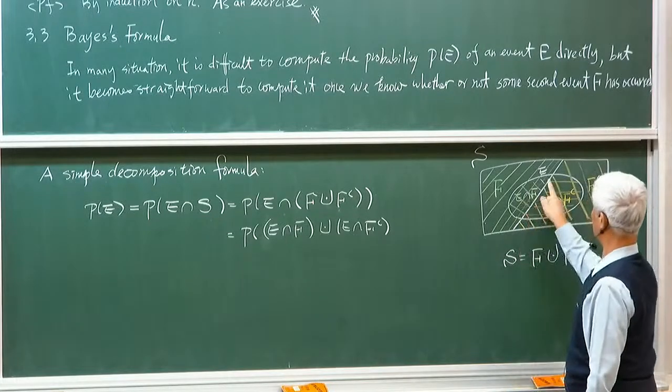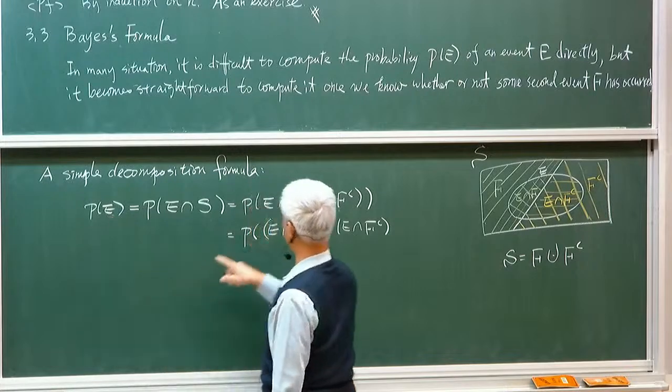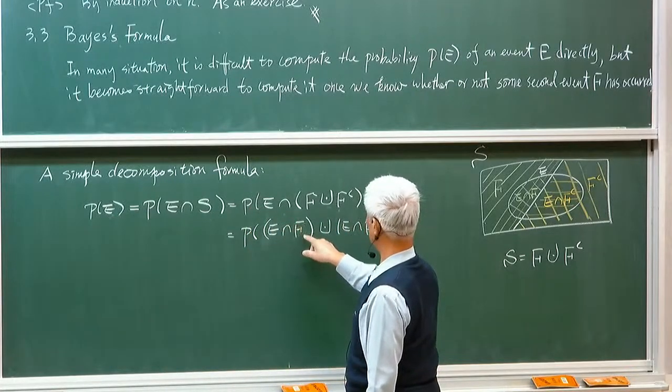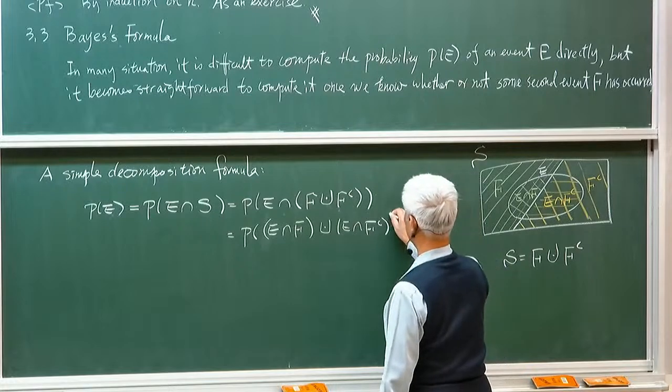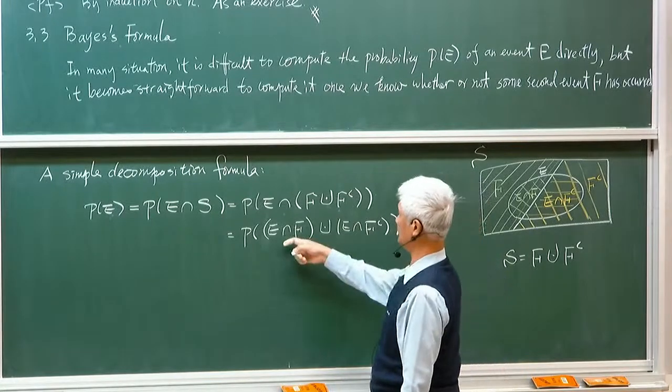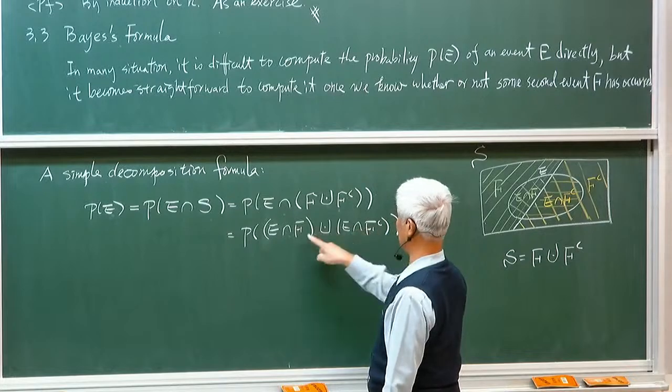So E itself is the disjoint union of E intersect F and E intersect F complement.